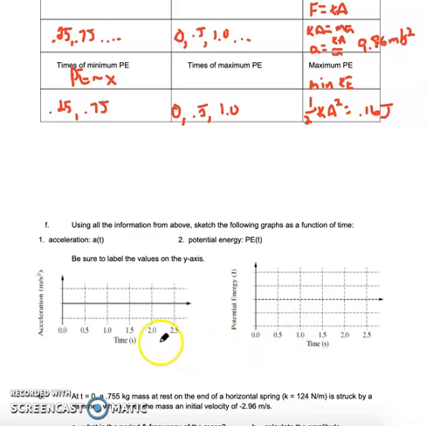Using all the information above, sketch the following graphs as a function of time: acceleration and potential energy. We did all that work, so ultimately we can make a graph from this. That shouldn't be too difficult because we know when those are going to occur. So we have an acceleration graph, and we know that minima are occurring right here, at 0.75 times.